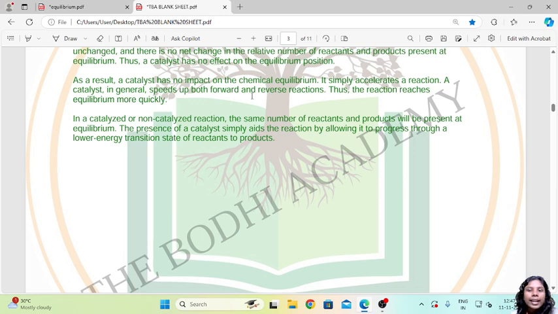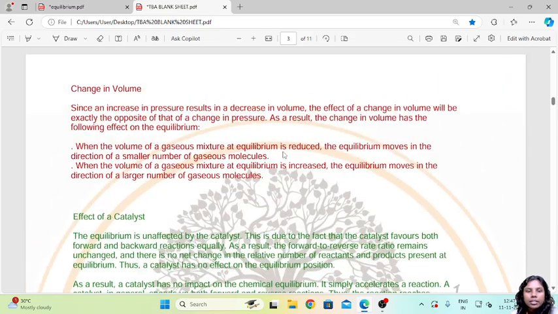It favors the reaction in both directions in such a way that low energy is consumed. Lower energy transition states are required, as whatever intermediates are formed will be of lower energy transition state. That is the main purpose of having a catalyst.